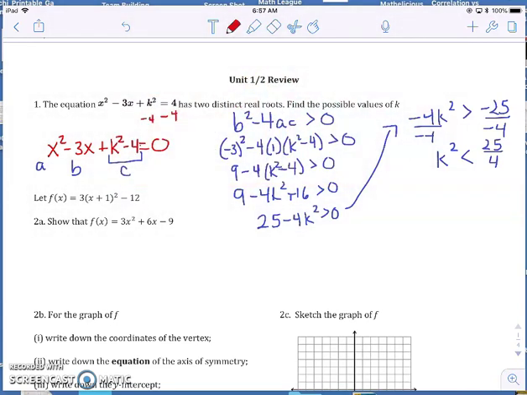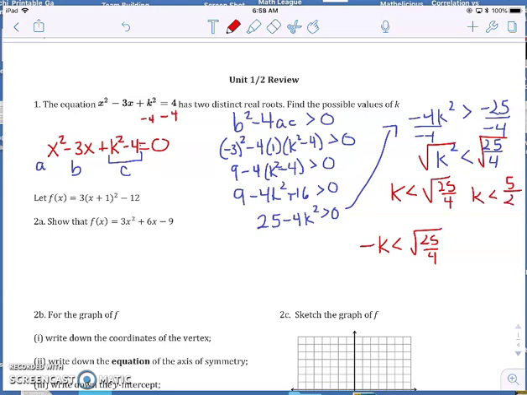When we take our square root, we have to say positive k is less than the square root of 25 over 4, but also negative k is less than the square root of 25 over 4. So we just square root the top and bottom, so k is less than 5 over 2. When we divide by a negative, the sign changes, so k is greater than negative 5 over 2.